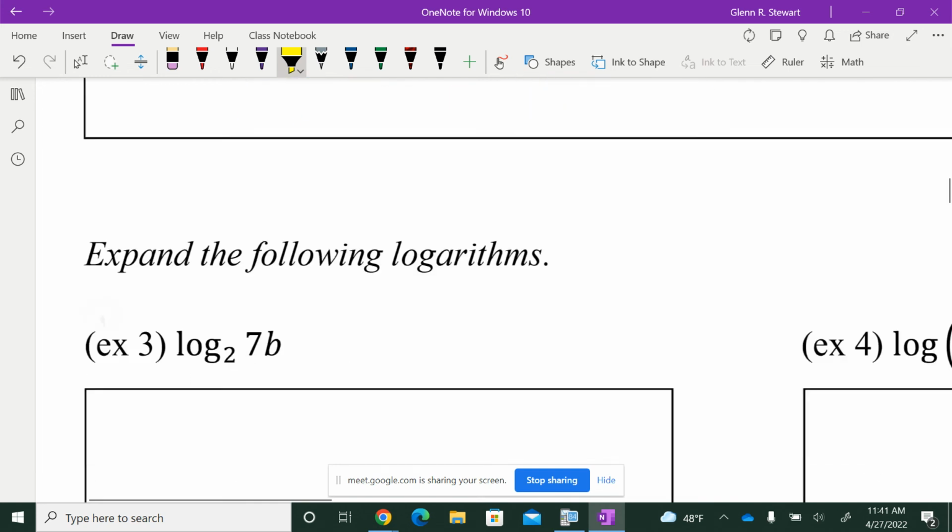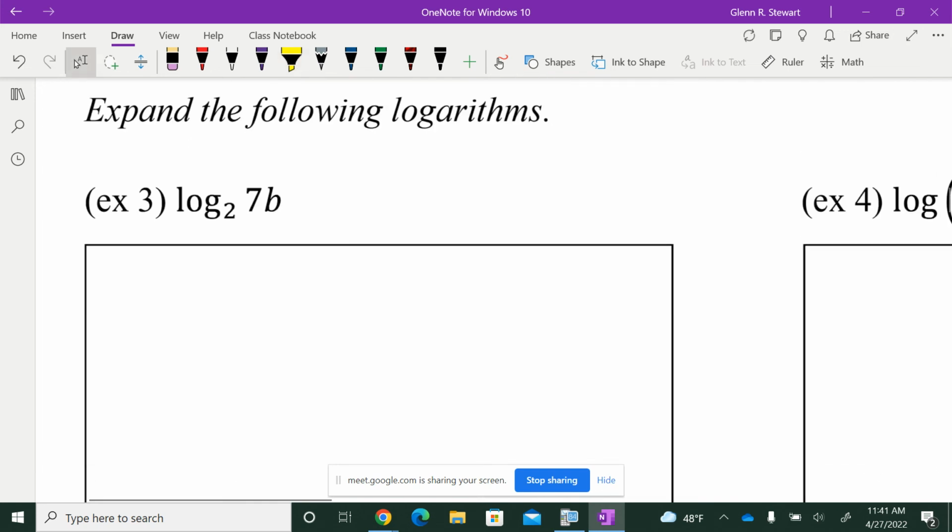All right, example numbers 3 and 4. Now we're going to talk about expanding the logarithms. I feel like this is the part where it gets a little bit easier whenever it comes to doing these. So notice here that 7 and b are multiplied. This is multiplication. So I'm actually going to split this up into two different logarithms with the same base.